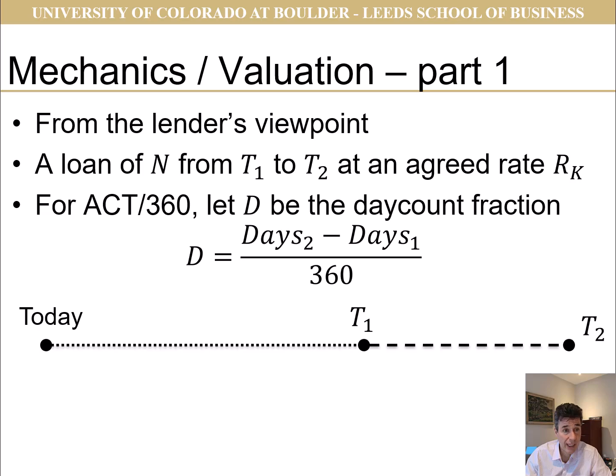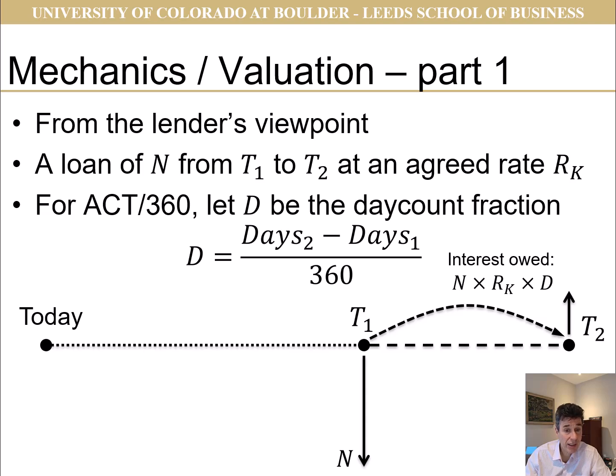If this were an actual over 365, we would just change that 360 to a 365. We're paying out N at time T1, we're receiving back N times RK times D at time T2, that's the interest, plus the principal.